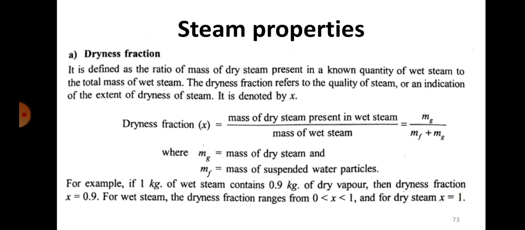So what do you mean by dryness fraction? Dryness fraction means in a wet steam, how much percentage of the steam is dry. This is what I was explaining at that time. In the line BC, if we are talking about a particular point in between B and C, if you want to know how much percentage of the steam is dry and how much percentage of the steam is wet, then we call that the dryness fraction of that.